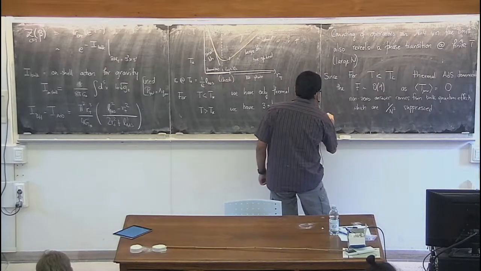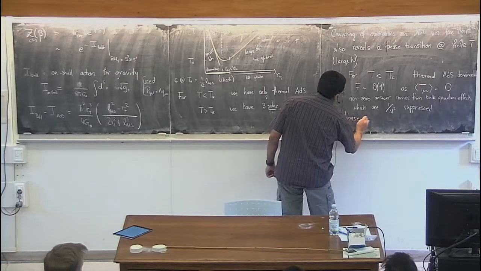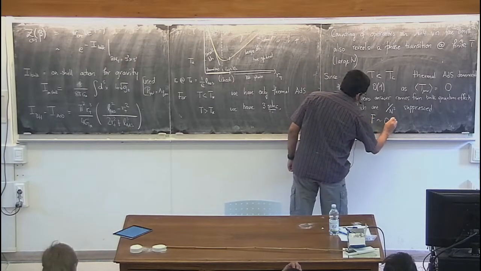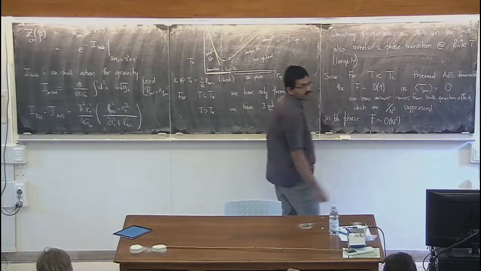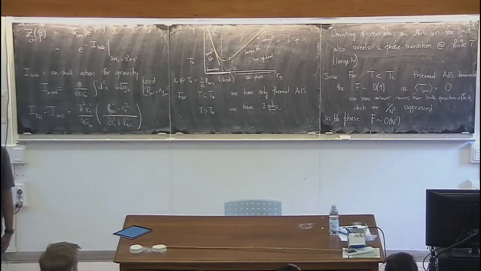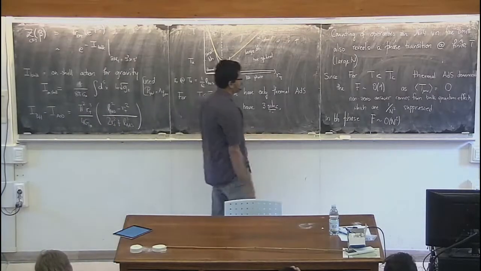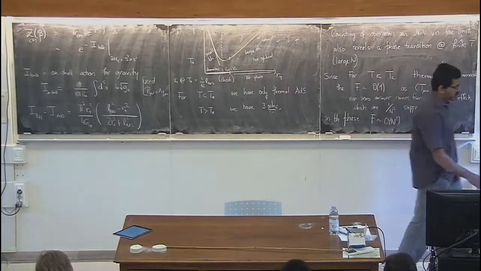In the black hole phase, the free energy is order N squared, because it's a black hole that has energy of order N squared. The entropy was order N squared. So when you compute the free energy, it's order N squared.